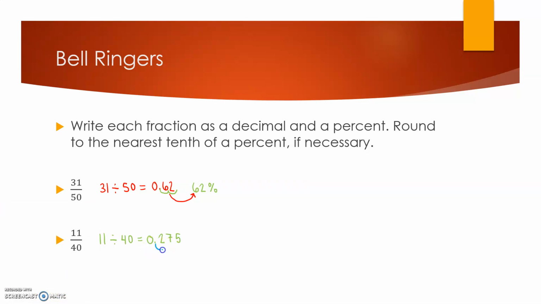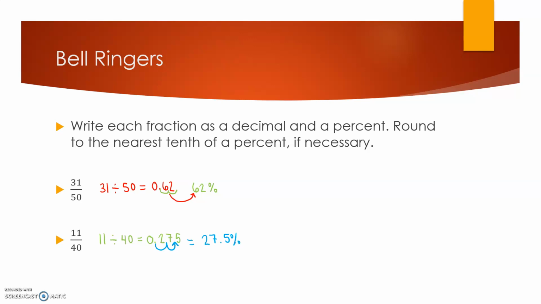So we're going to move the decimal point 2 places to the right, and we would get 27.5%. This is all going to be useful for what we're doing today because a lot of our probability is going to be written between fractions and decimals and percents, and we're going to have to look at how to best write the answer.